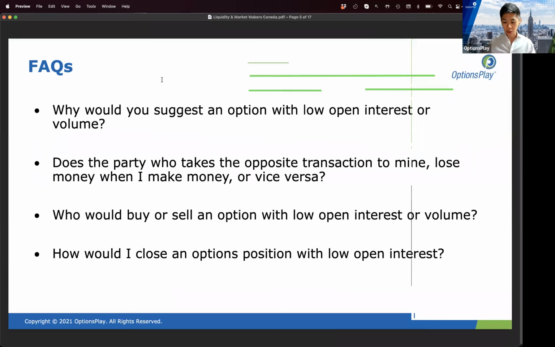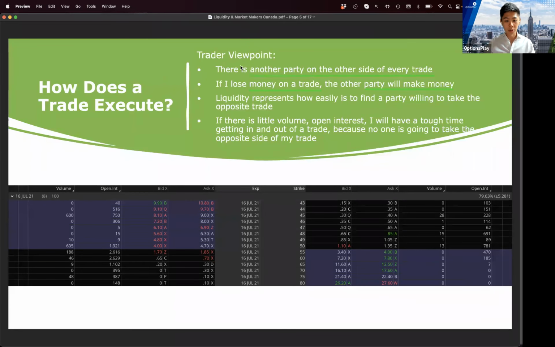I hope that the chat window isn't disabled. Let's see. I'm sorry, the chat window is disabled. Let me see if I can fix that very quickly. You can use the Q&A window for now. I'm going to see if I can get that fixed very quickly.